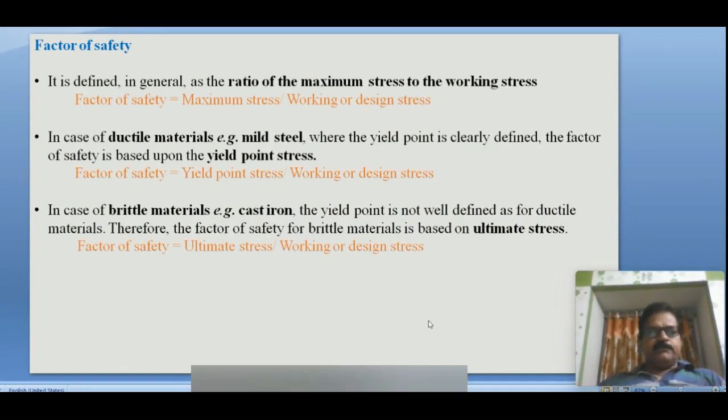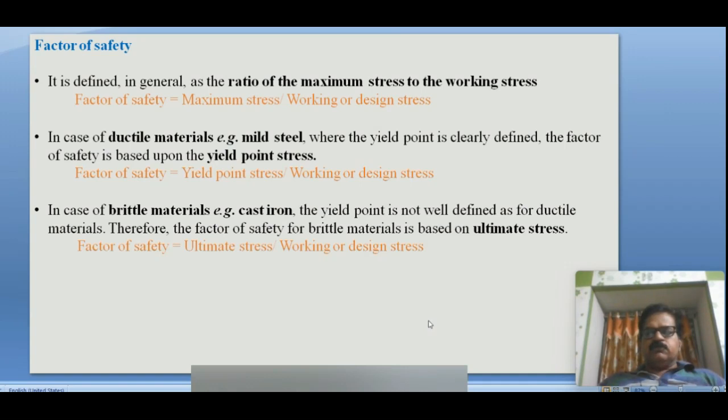Factor of safety. It is defined in general as the ratio of maximum stress to the working stress. So materials will have some failure value. If they are stressed up to the failure value, then immediately the member will fail.